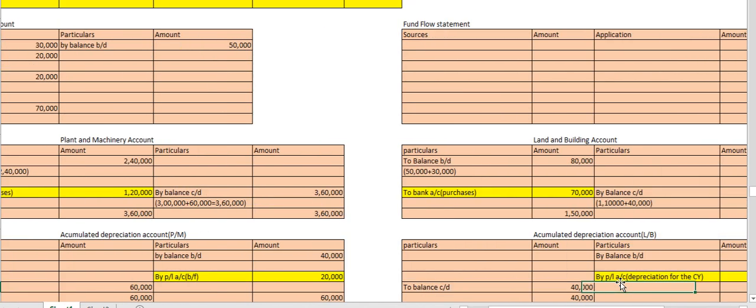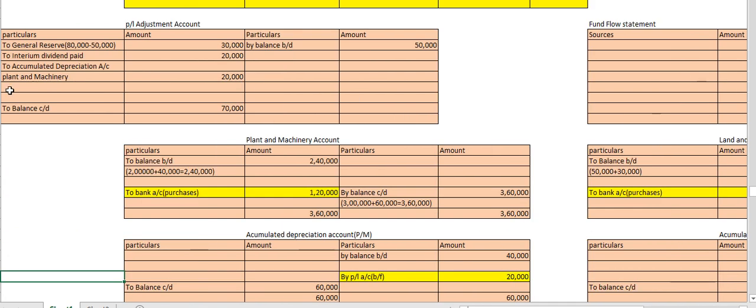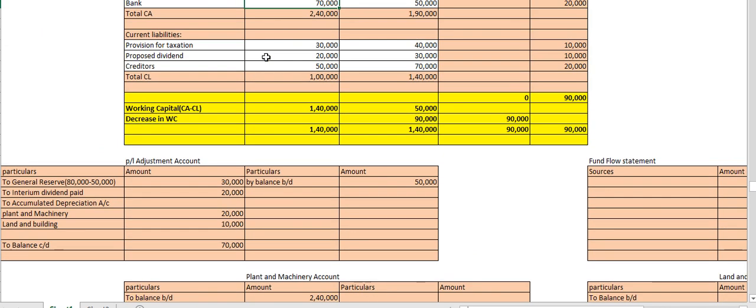And for the land and building, the current year depreciation is 10,000. So land and building. Next we will move on to our working schedule of changes in working capital.